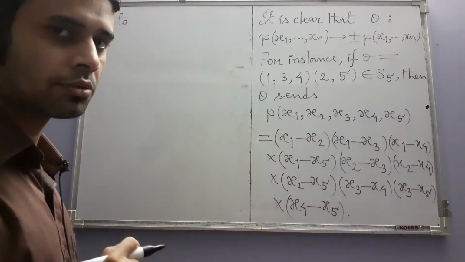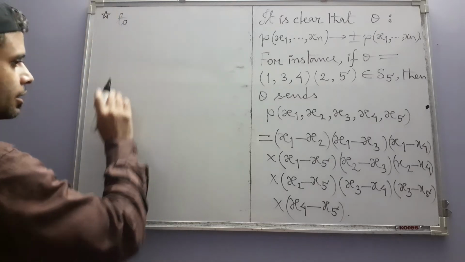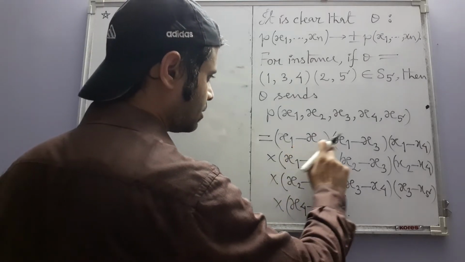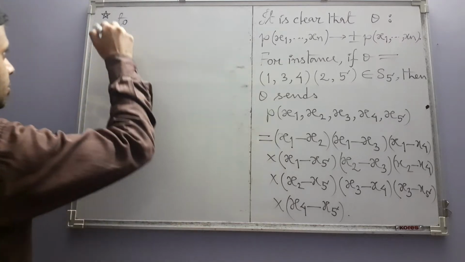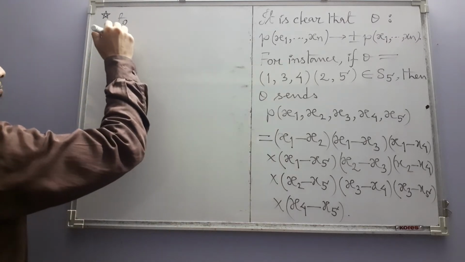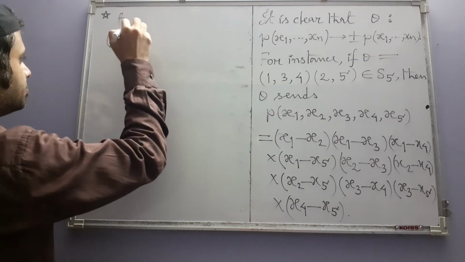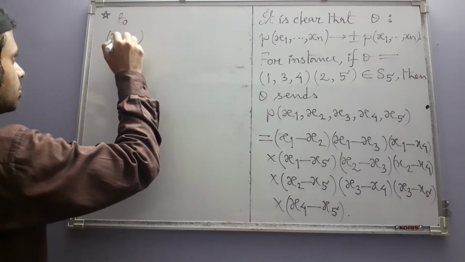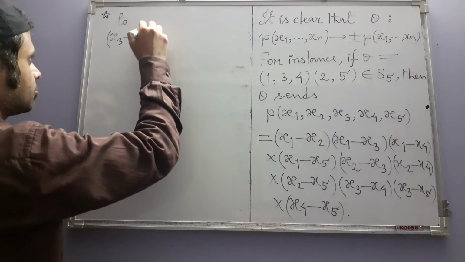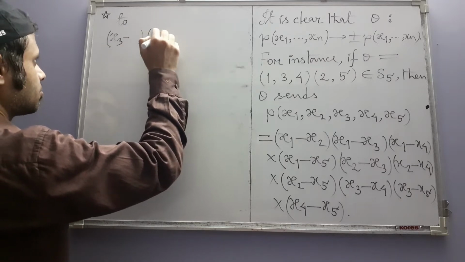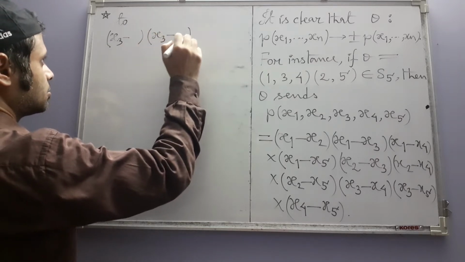So x1 now will be x3, and how many of them do we have? 1, 2, 3, 4. x3, then let's just save these spaces.